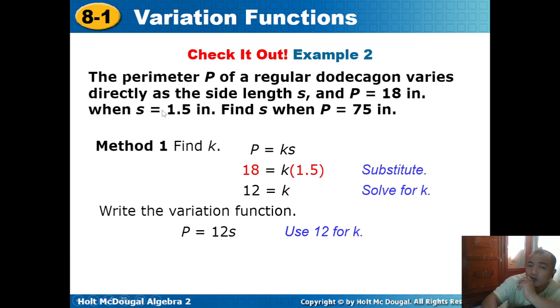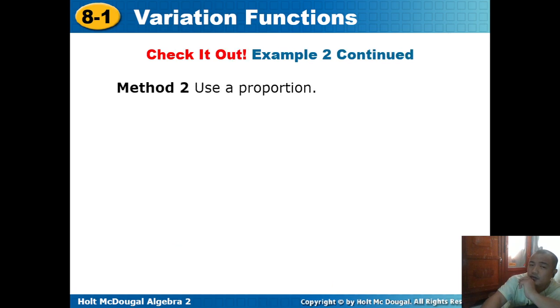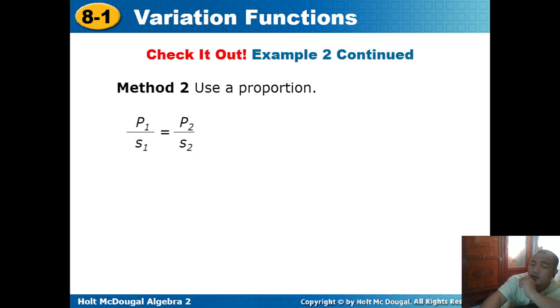Now, question is find S when P equals 75. So substitute P by 75 equals 12S. Solve for S. 75 divided by 12, 6.25 is the value of S when P equals 75 inches. Now, using method 2, since P varies directly as the side length, we can use this formula: P sub 1 over S sub 1 equals P sub 2 over S sub 2.